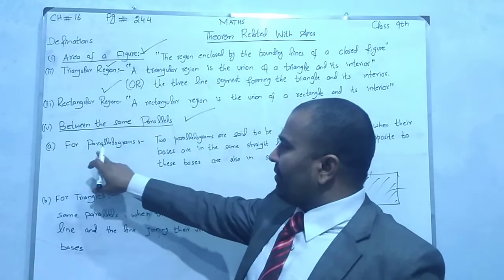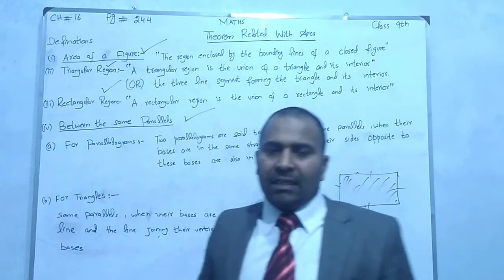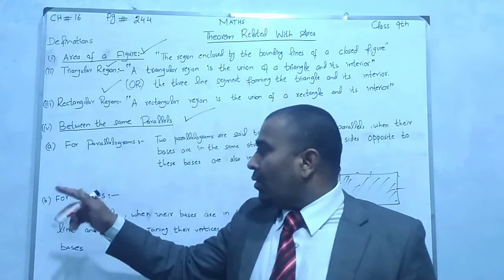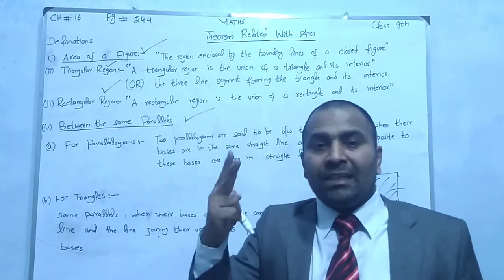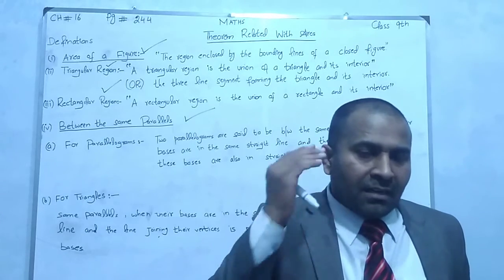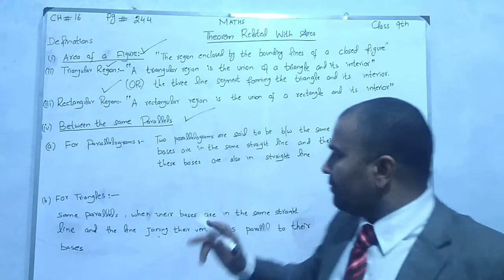Between the same parallels, for the parallelogram, first we will discuss the definition. Between the same parallels for the parallelograms means we need to understand the comparison between two parallelograms.